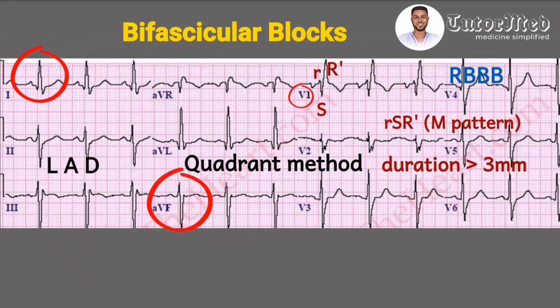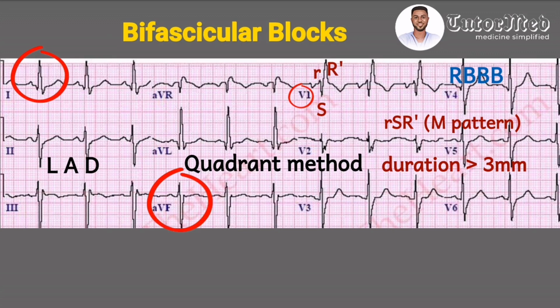So you see that there is a discordance because we said that right bundle branch block should be associated with right axis deviation. And so this discordance between the right bundle branch block and the axis deviation is as a result of a left anterior fascicular block. Remember, we said that a left anterior fascicular block gives a left axis deviation.